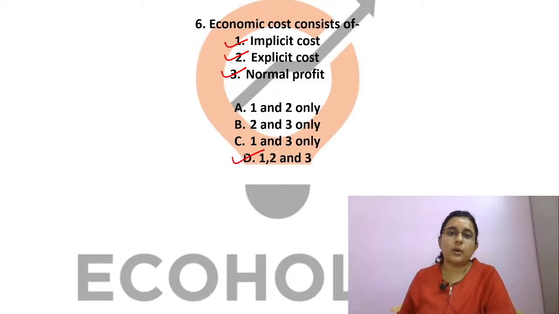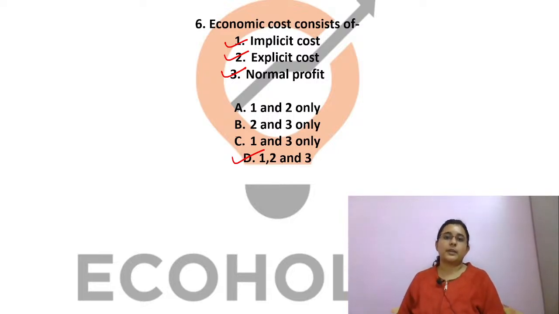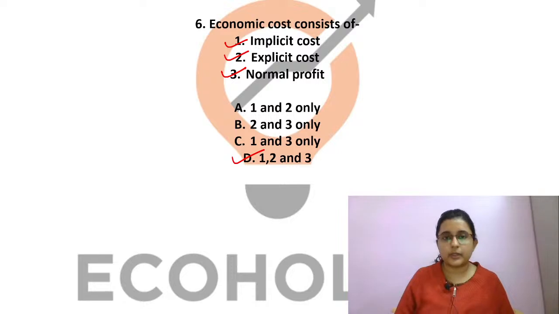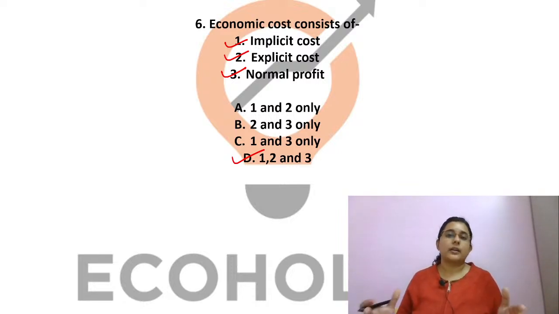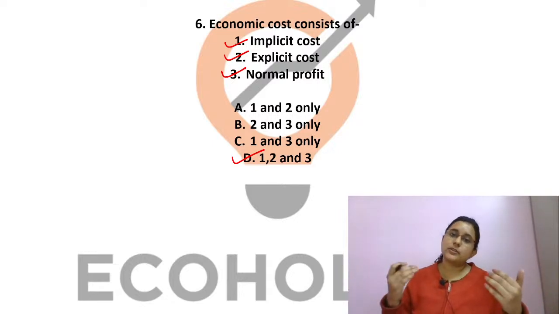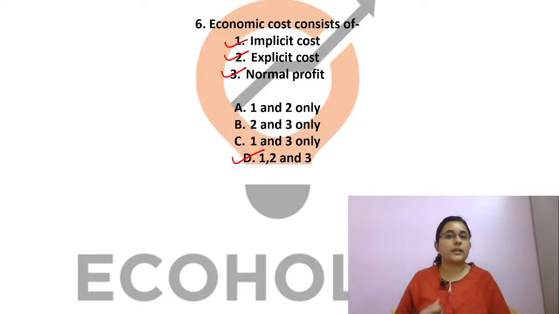Implicit cost and explicit cost are both types of cost, whether the cost is internal to the firm or external to the firm, and the normal profit is also considered as an economic cost. So 1, 2, and 3 are the correct answers.